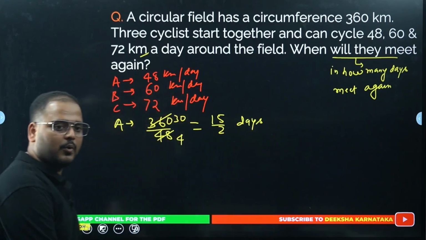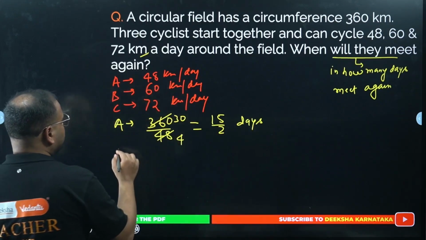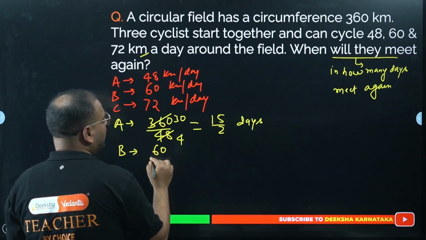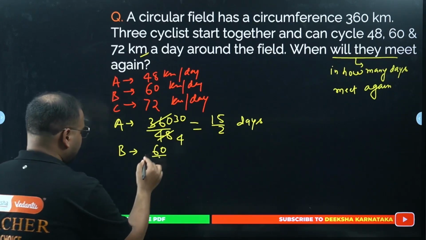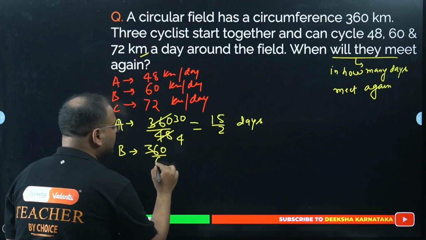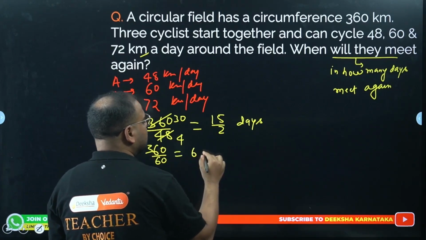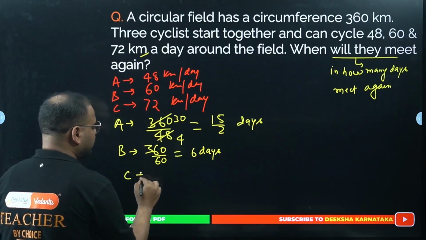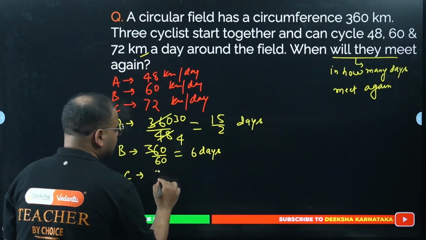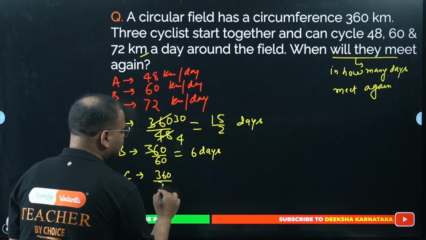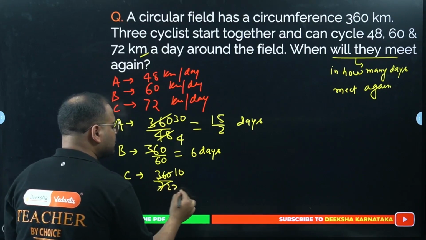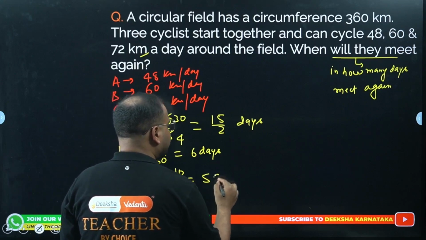For cyclist B, 360 upon 60, simple, 6 days. What about cyclist C? 360 upon 72. 36 times 10 is 360, times 2 is this. Answer is 5 days.